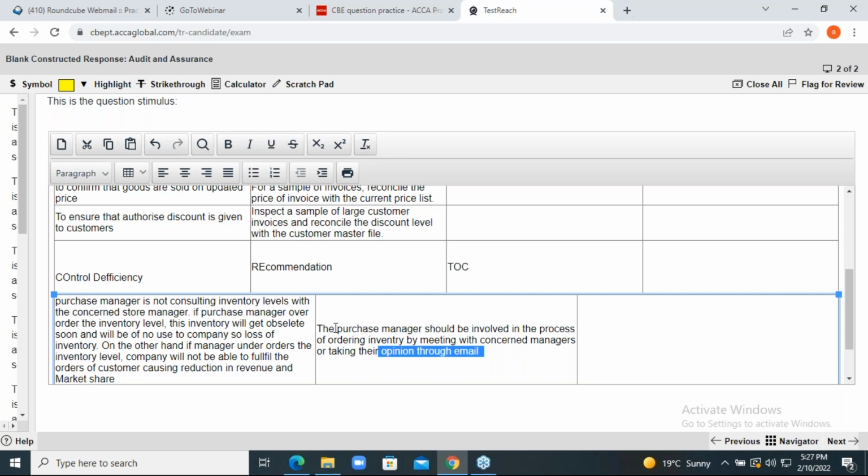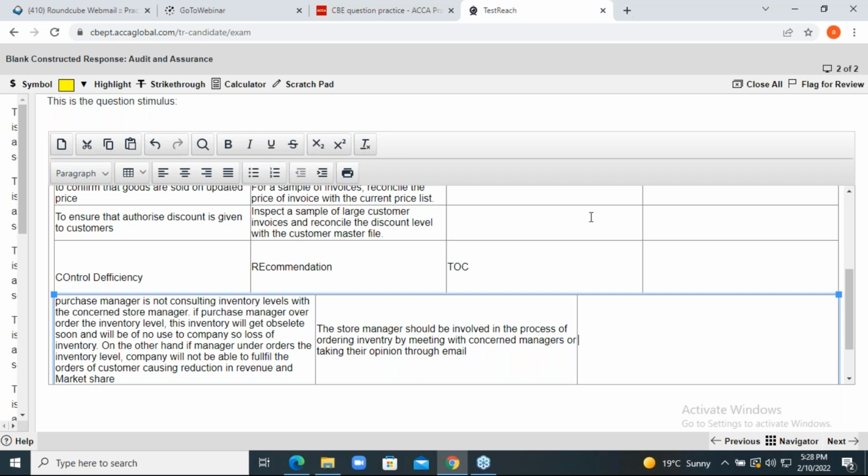So store manager. The word should be store manager. So the store manager's signature in the minutes of the meeting, or his email, is the evidence that he has been consulted. So that is how we are going to do that.